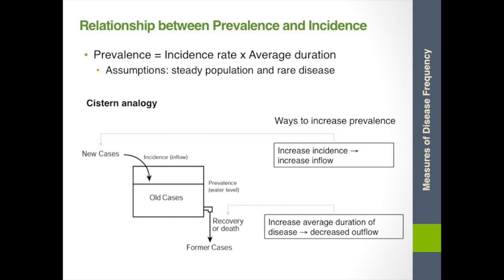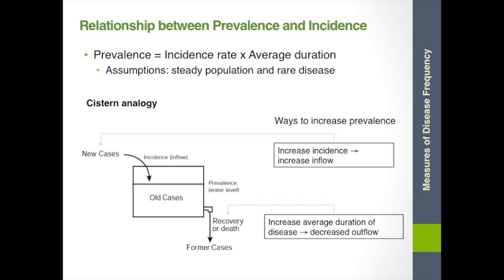If outflow from the cistern, meaning the rates of cure or death among prevalent cases, remains constant and the rainfall increases, then the height of the water in the cistern will rise. On the other hand, if the incidence declines, then the water level will fall.